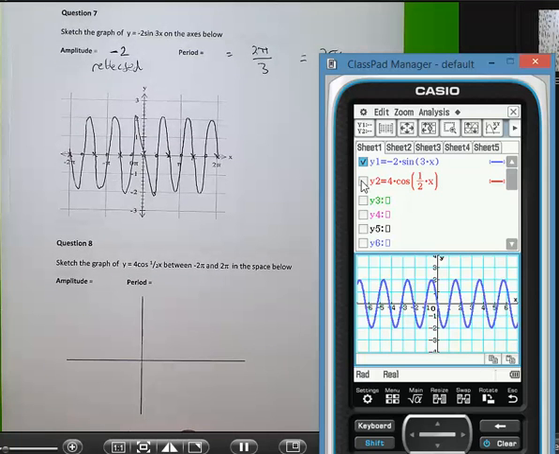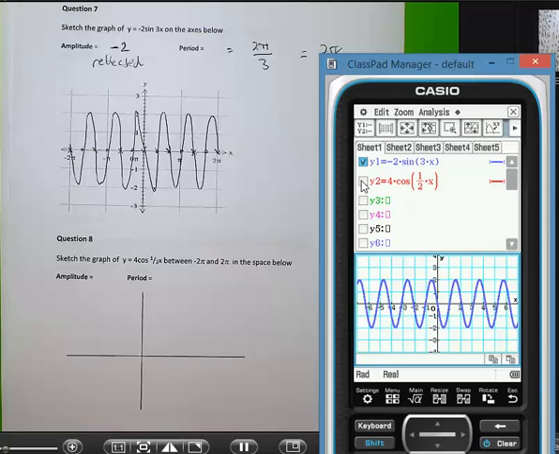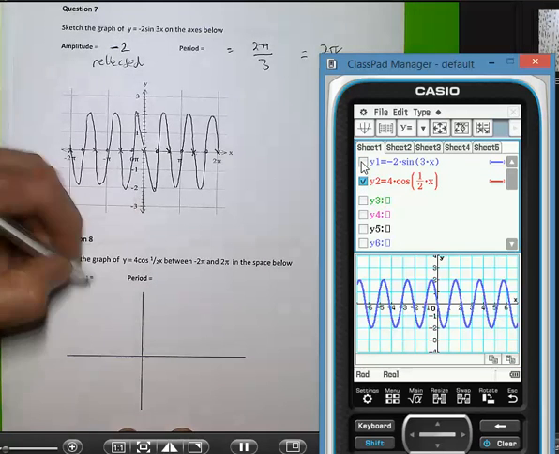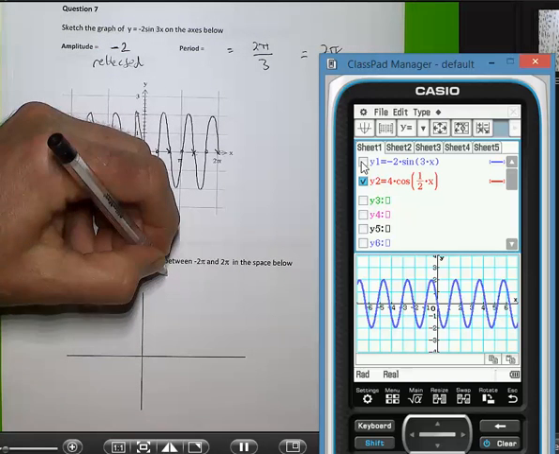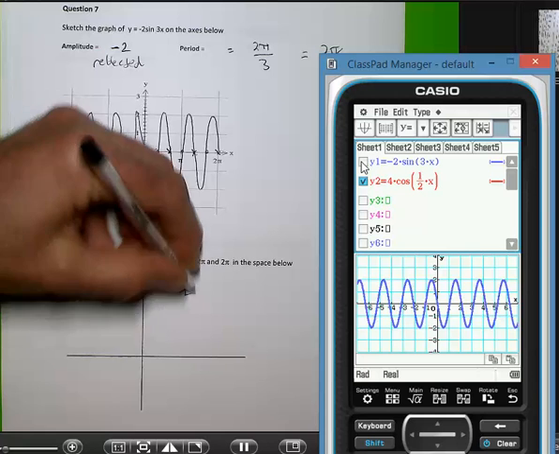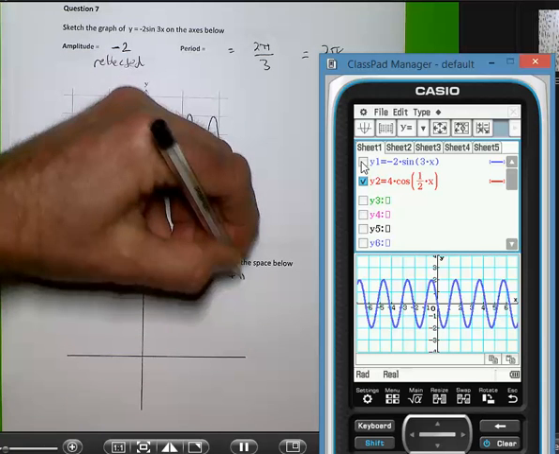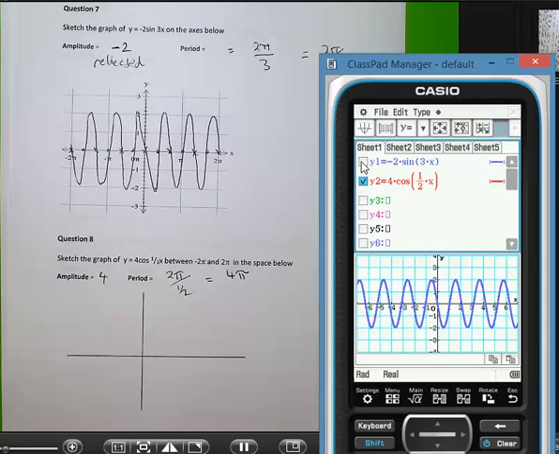Now the next question 8, I might actually start this having a bit of a look at it on the calculator. First up, the amplitude is 4. There's no reflection. The period is going to be 2 pi over a half, which is 4 pi. In other words, for 4 pi, it's going to occur once.